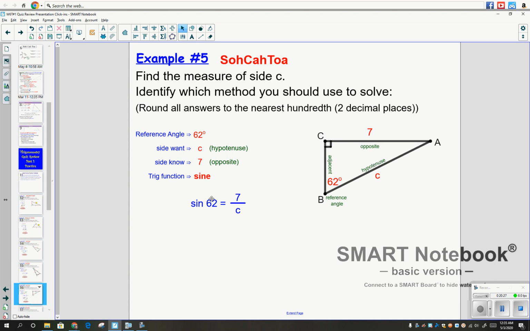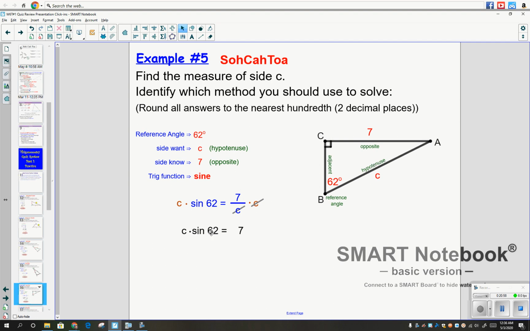I need to start by clearing fractions. I'm going to multiply by the denominator, which is c. That will cancel out the c's on the left. I have cleared fractions. And I have c times sine of 62 equals 7. So I've gotten rid of fractions. I'm going to get c by itself. Remember, sine of 62 is a number.